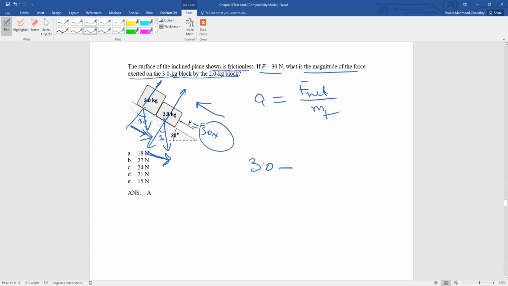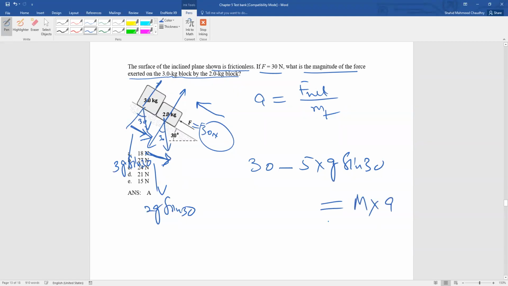So the answer, if I write the combined, 3 plus 2 is 5. 5 into g into sine of 30, because this component is actually 2g sine of 30 and this is 3g sine of 30. So the total will be 5g sine of 30, and this is equal to mass into acceleration.